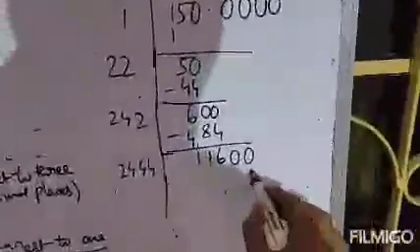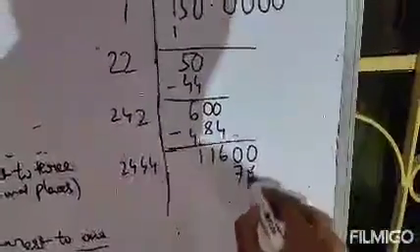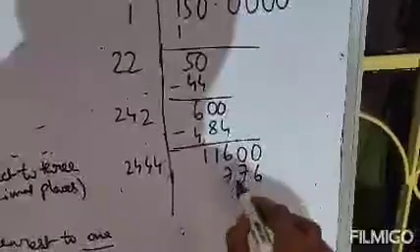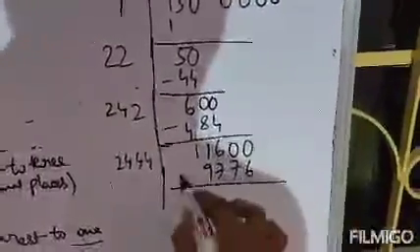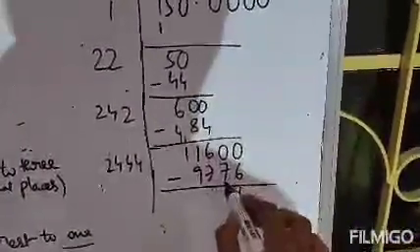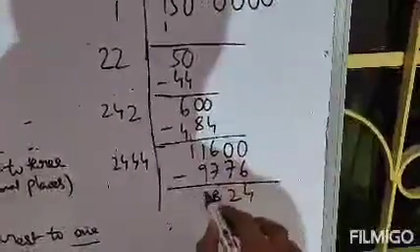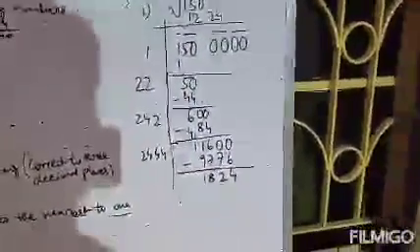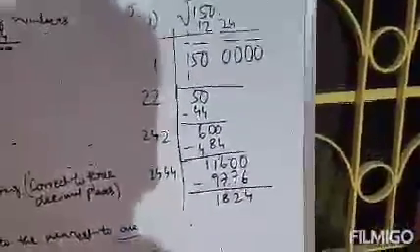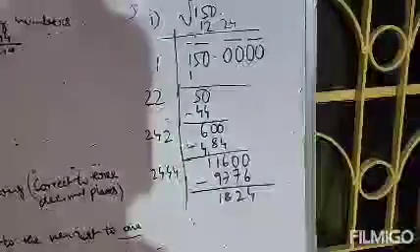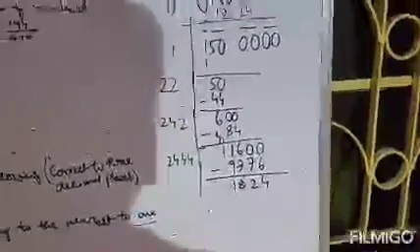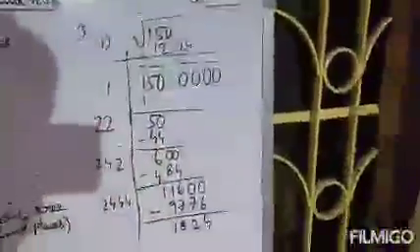So 4 4's are 16. So 1826. So this is 1824. Clear? Now these two zeros were already used, so we will take another two zeros.